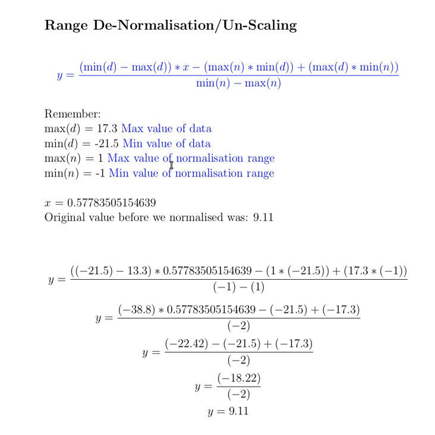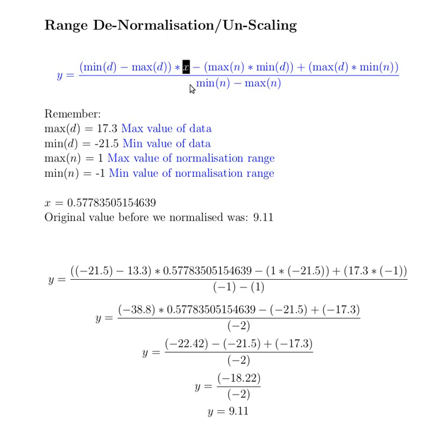Remember that min d was the minimum value in our data, max d was the maximum value in our data, max n was the maximum value in our new range or the normalization range, and min n was the minimum value of our normalization range, and x was our input value.